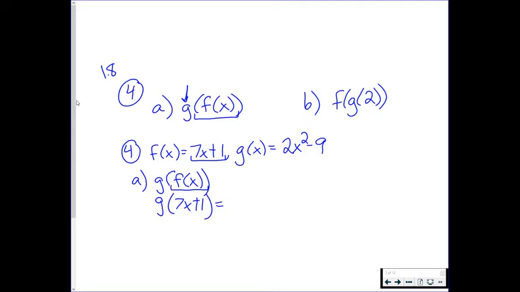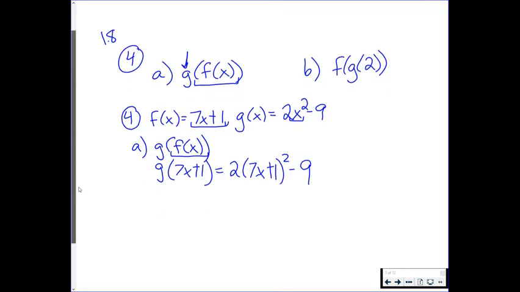Now we can evaluate. G of 7x plus 1, we can find that by just taking 7x plus 1 and putting it in place of x in the g function. Okay, so that's all I did there. Take 7x plus 1, plug it in place of x in the g function.